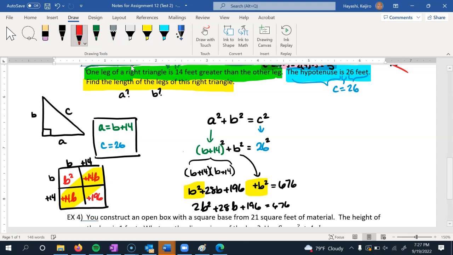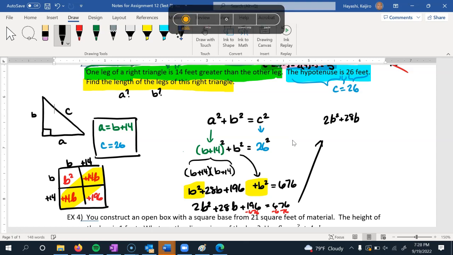And then I'll just want to subtract 676 from both sides. Okay, that should land me the equation 2b squared plus 28b minus 480 equals 0.